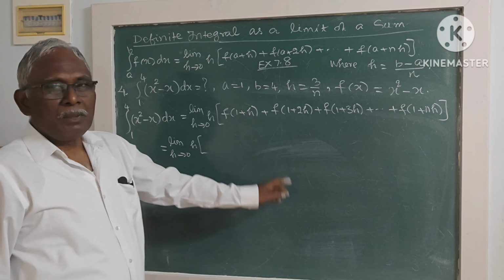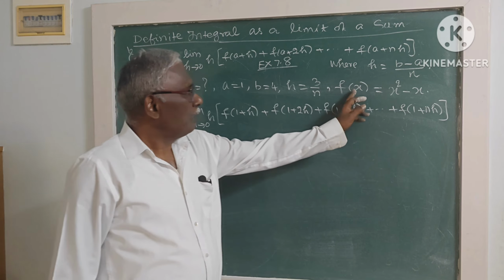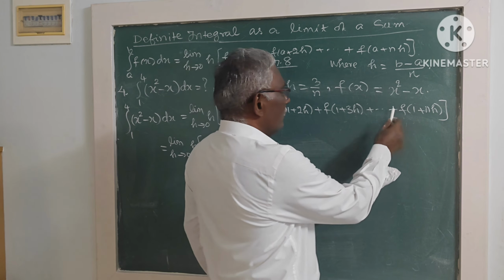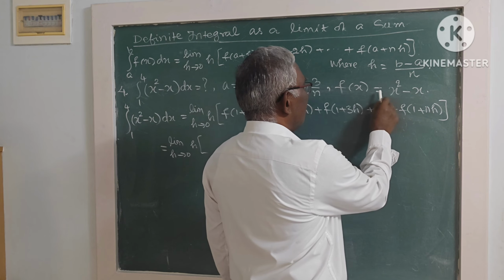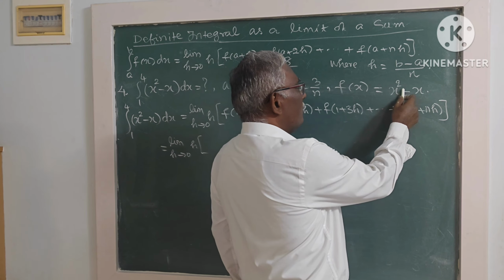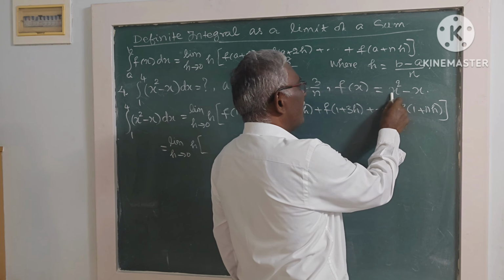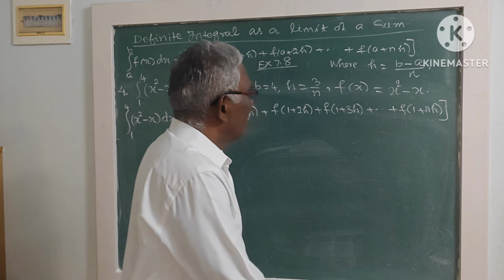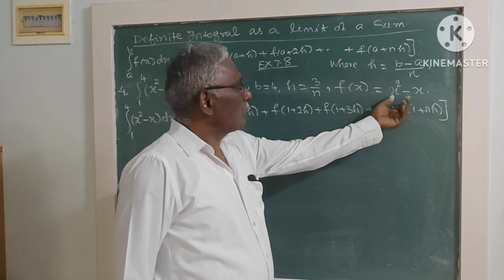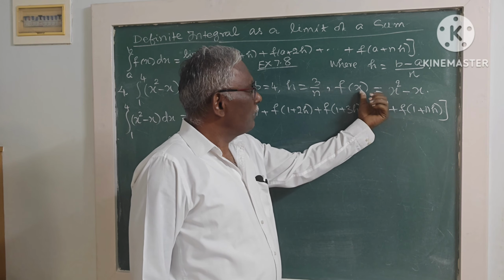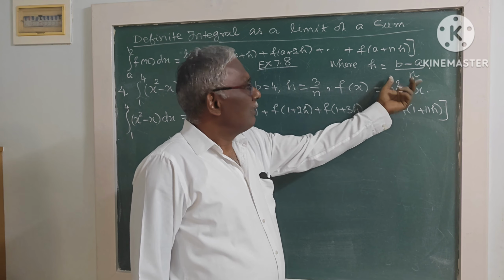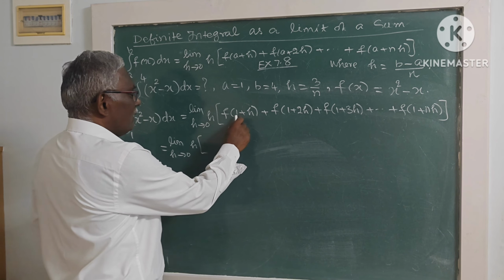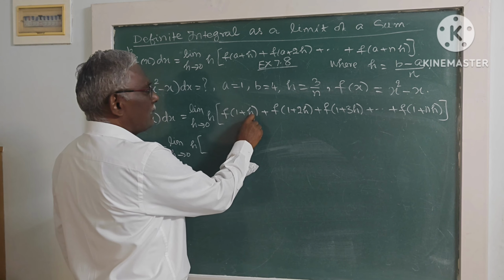Now f of 1 plus h is what? f of x is x square minus x. So that means we have to see this way: f of x is equal to square of whatever comes inside the bracket minus whatever comes inside the bracket. So here what comes inside the bracket? 1 plus h.